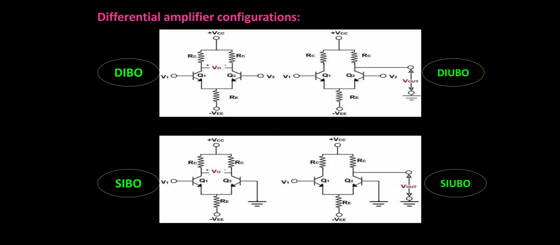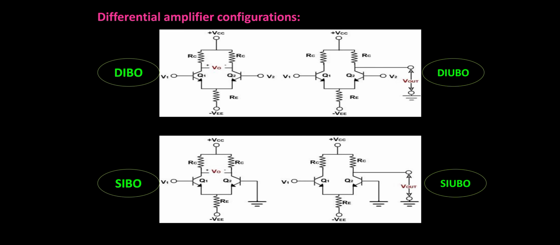Now coming to dual input unbalanced output differential amplifier. Here also dual input means the input is applied to both input terminals. V1 is one of the input terminals and V2 is the other input terminal. The voltage applied to Q1 is V1, and the voltage applied to Q2 is V2. It's a dual input, but it's unbalanced output.